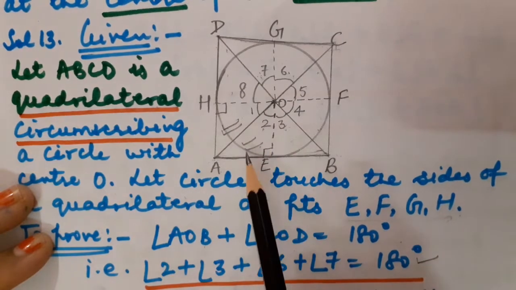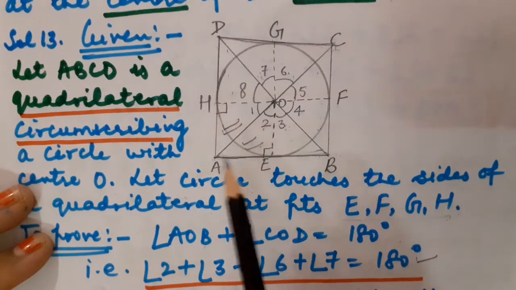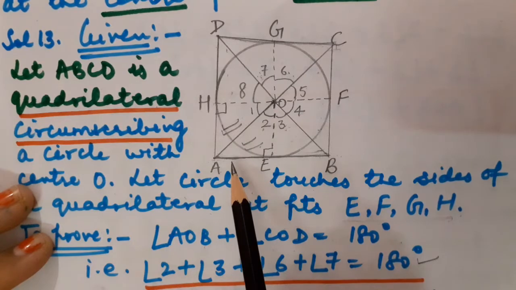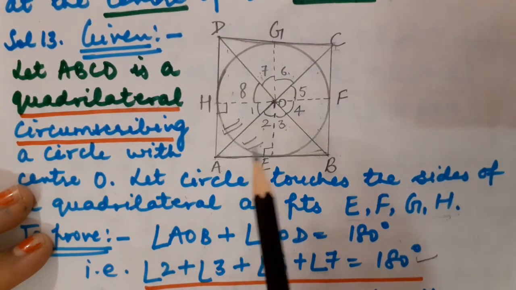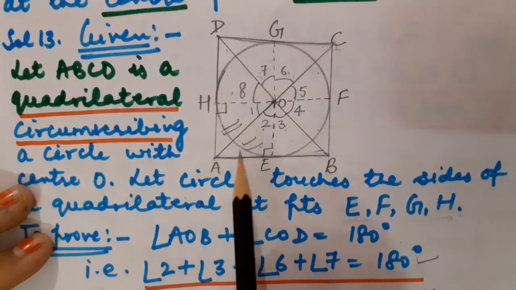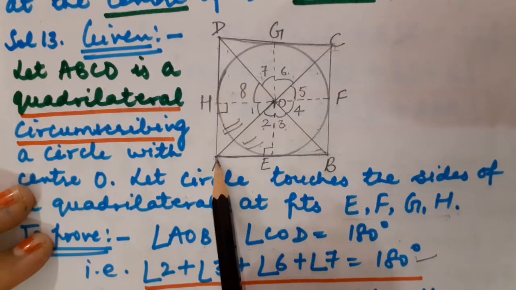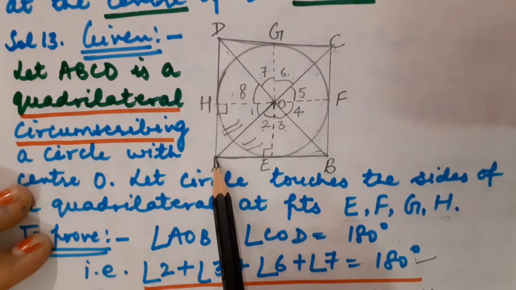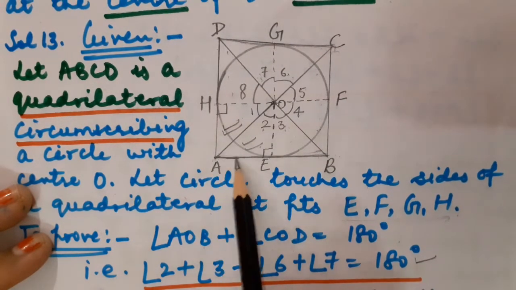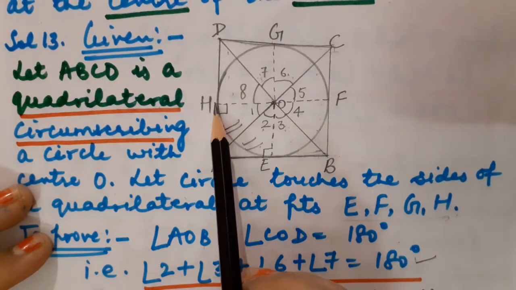Children, I have taught you the same type of question earlier also. So you think which three parts I should consider so that the congruency criteria will be satisfied. Let us take the very first one. If I consider point A as an external point, then can I say that AE is equal to AH? Why?